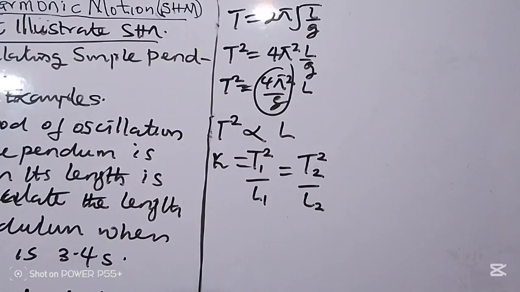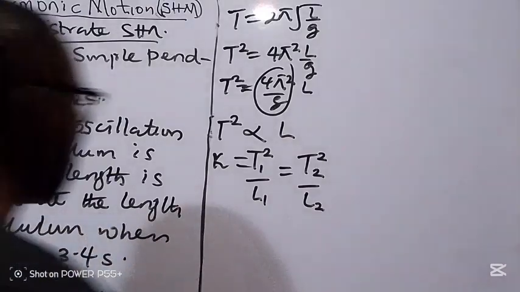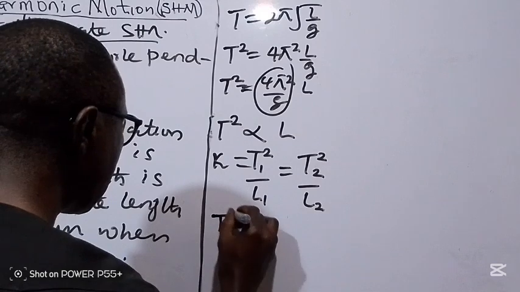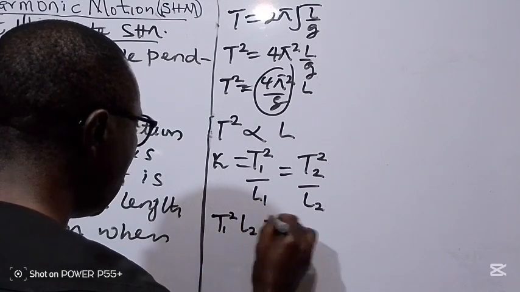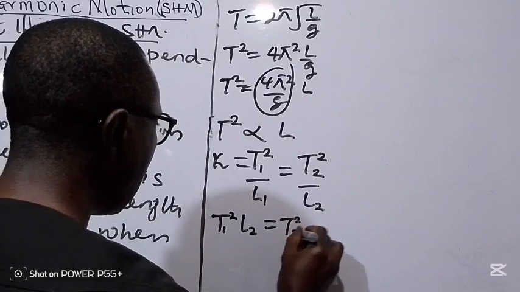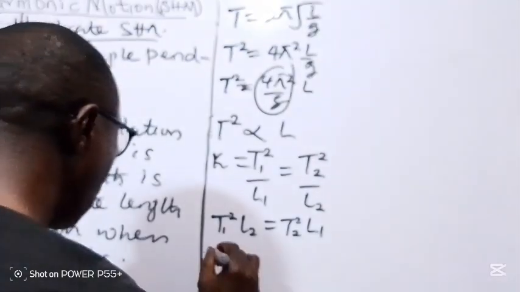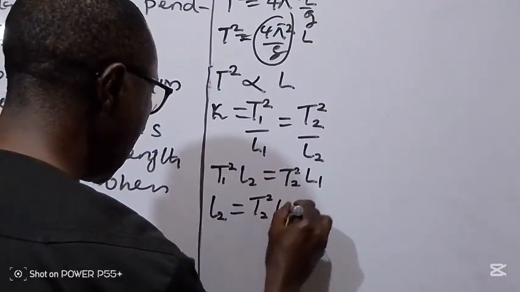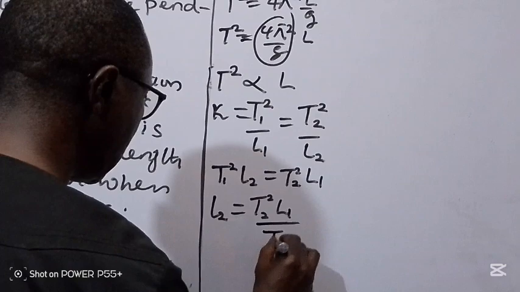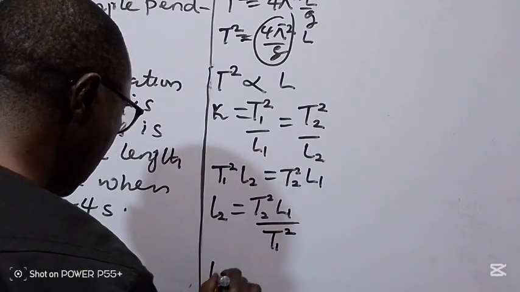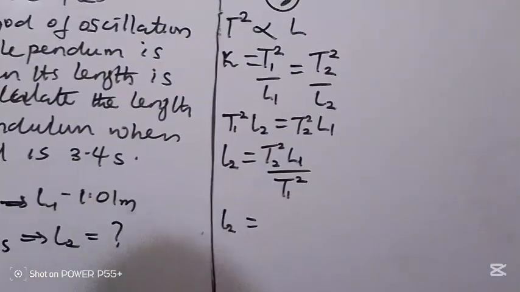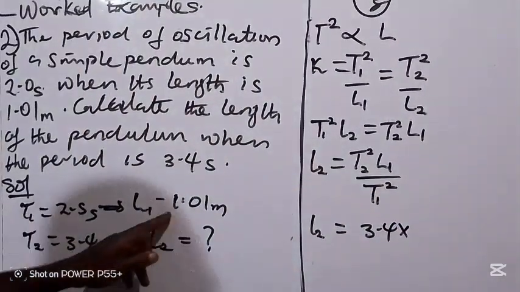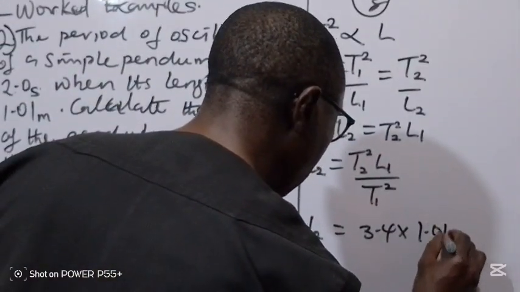Cross multiply. We are going to have T1 square L2 is equal to T2 square L1. So our L2 will be equal to T2 square L1 over T1 square. According to the formula, our T2 is 3.4, L1 is 1.01 meter, then our T1 is 2.0 seconds.